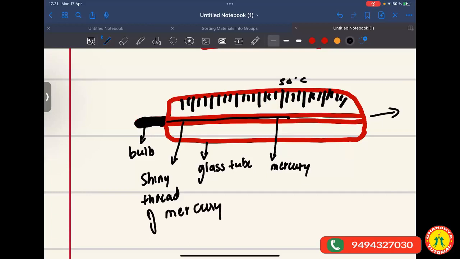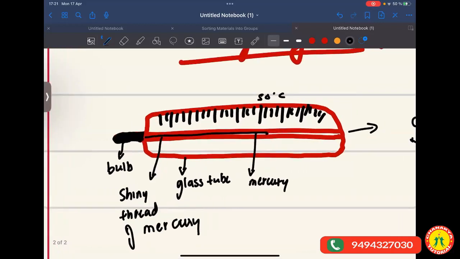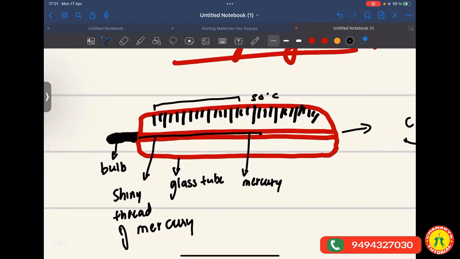Okay, so a small shining thread of mercury can be seen. If you don't see the mercury, you can rotate the thermometer and you will see a small line. And you will find all these lines are the scale. The scale will depict the degree Celsius. Okay, degree Celsius is the unit of temperature.